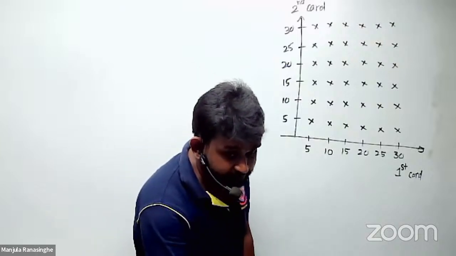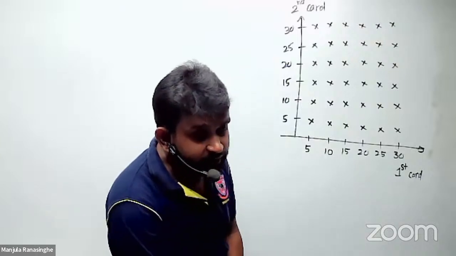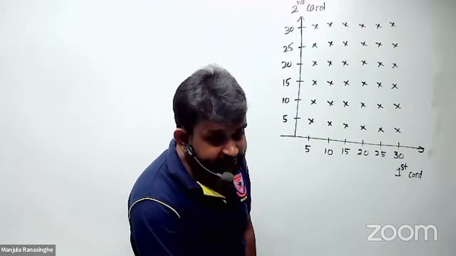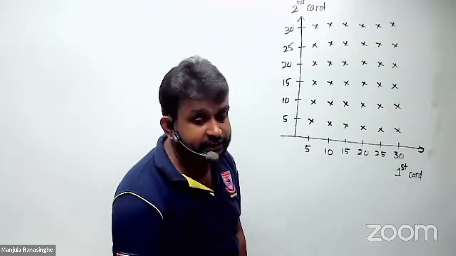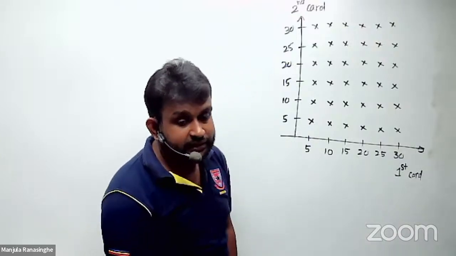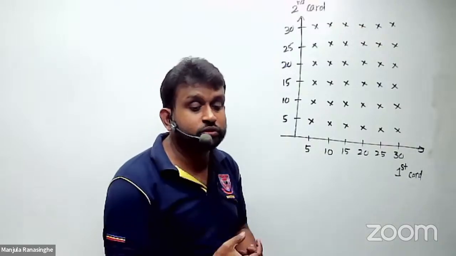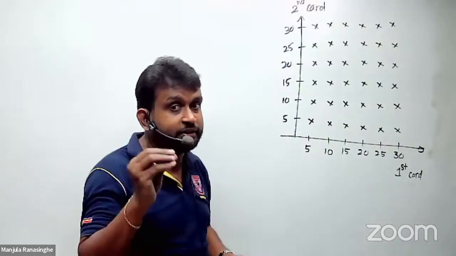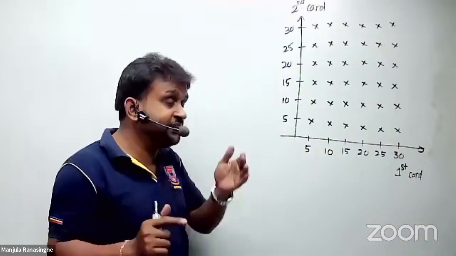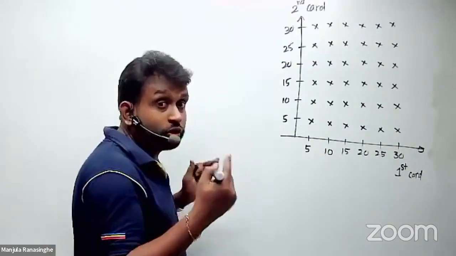What the question says: on the grid, encircle the event of getting a card containing a multiple of 10 on both occasions, and find the probability of the event. Multiple of 10 on both occasions.